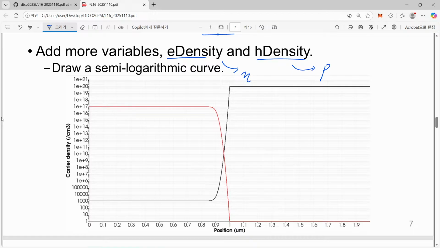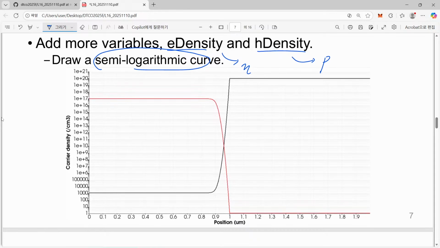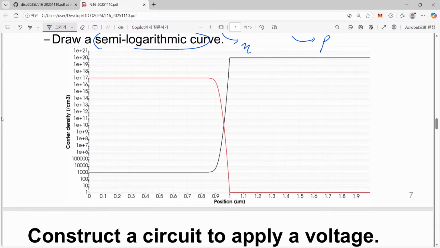So electron density and hole density, and you can also try to draw it. Please also try a semi-logarithmic curve for your densities. This one corresponds to the hole density, and this corresponds to the electron density, and of course this corresponds to the donor density, and this corresponds to the acceptor density.